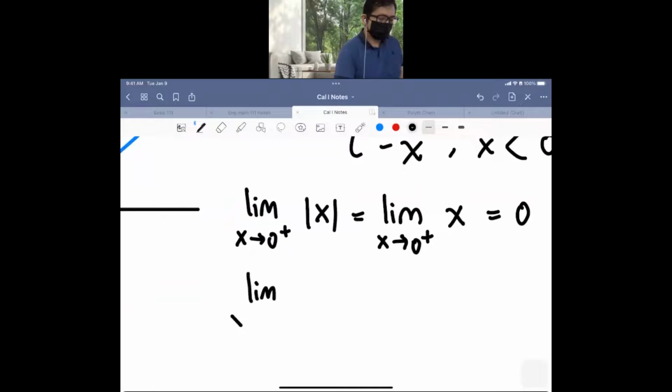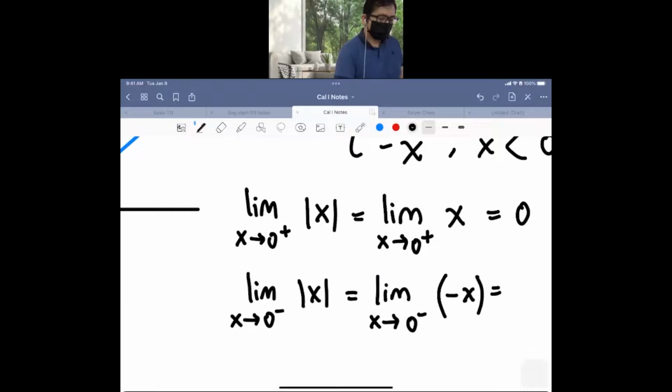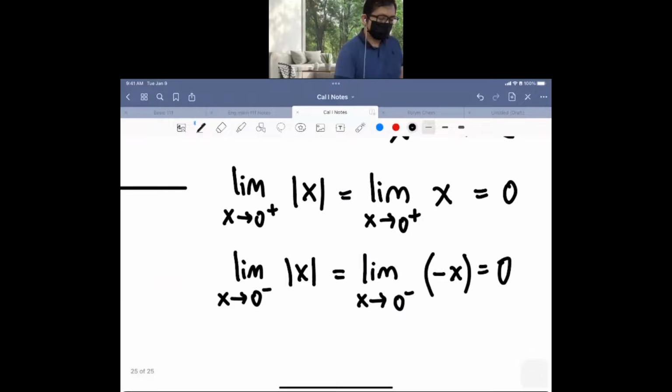And then we can analyze from the left. And now this will be negative x, right? But since it's just 0, negative doesn't really matter. So it's also 0.